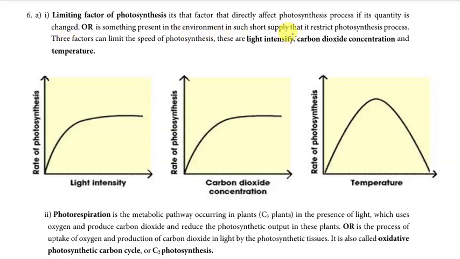These are light intensity, carbon dioxide concentration, and temperature. You can see how light intensity is a limiting factor, and carbon dioxide concentration is a limiting factor of the rate of photosynthesis. In short, a limiting factor is one which, if you reduce it, directly reduces the speed of photosynthesis.